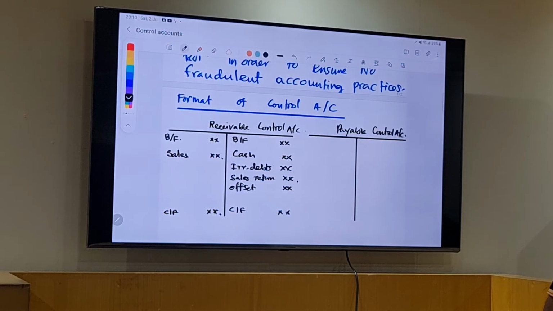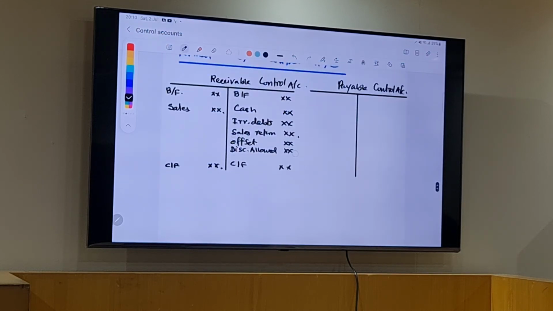Clear? And then you also have cash, irrecoverable debt, sales return, offset, discount allowed. These are the common items that you will see in a control account.